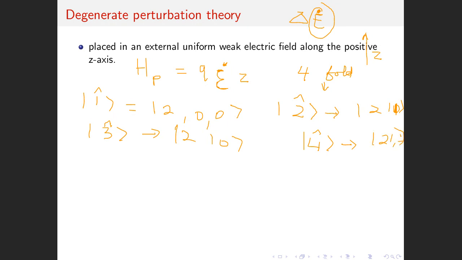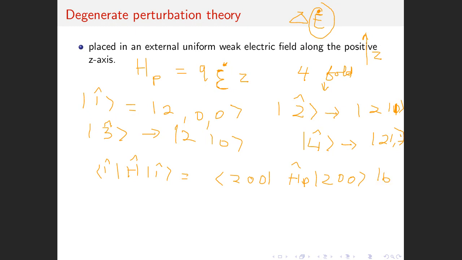So you have these four vectors, then you form a matrix. The matrix elements will involve things like H, say 1, 1. So this will be state 2, 0, 0, HP, 2, 0, 0. And then you have to go around calculating all these. There will be 16 of them.